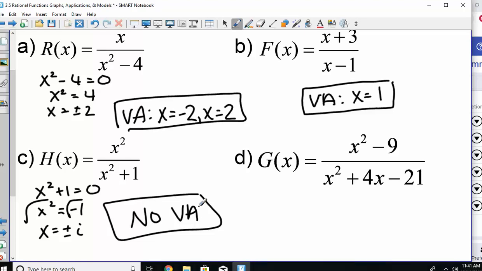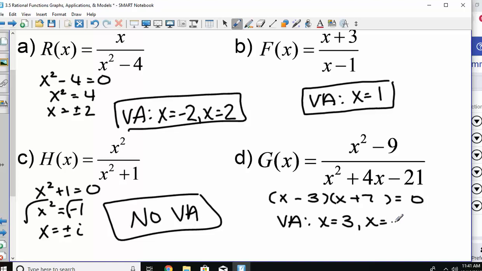And last one, what should I do? Factor, approximately. Multiply to -21 and add to +4. So my vertical asymptotes would be x equals 3 and x equals -7.